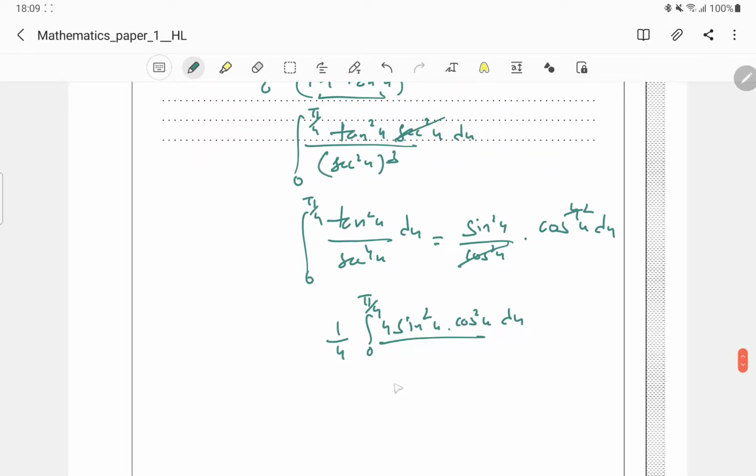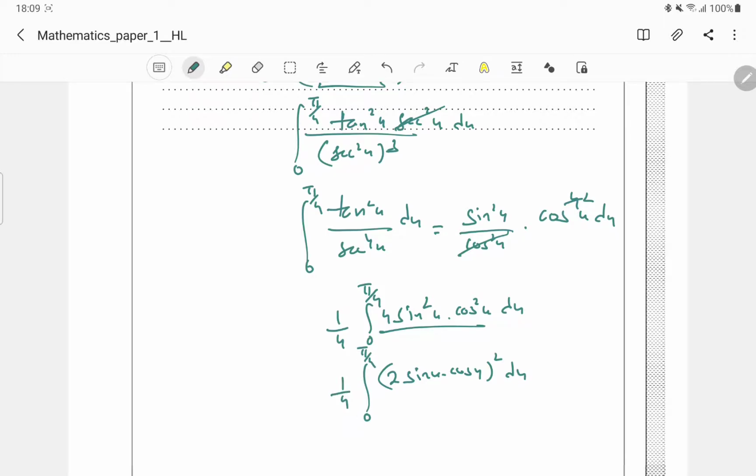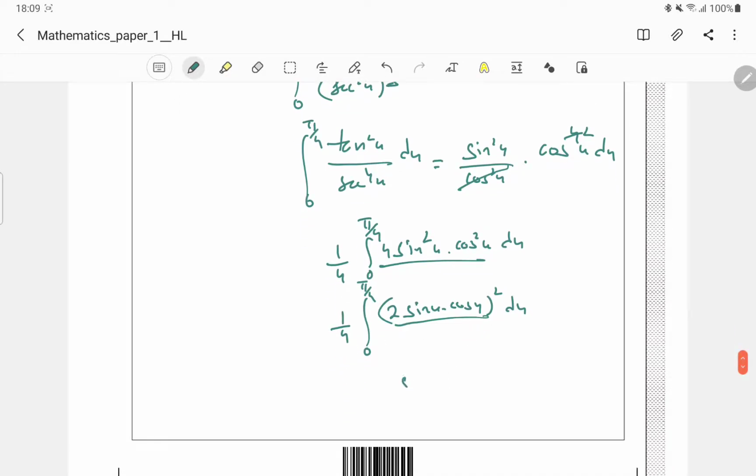I'll take the square common, so 2 sin u cos u whole square du. The limit will be same. Now 2 sin u cos u will be sin 2u. This is a property I'm using directly, and the square is this, so it's sin square 2u du.